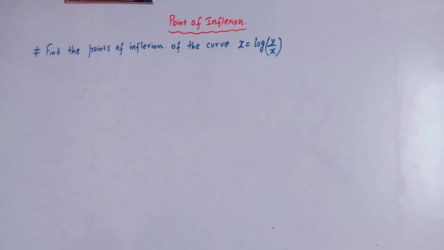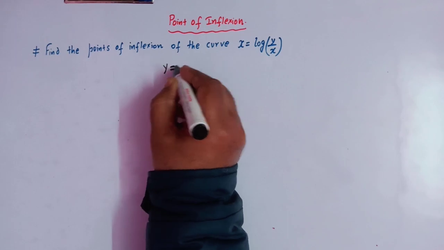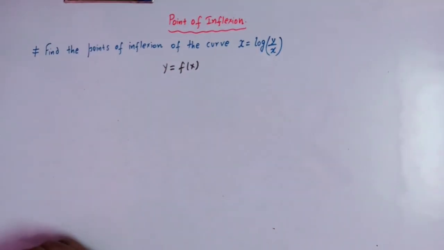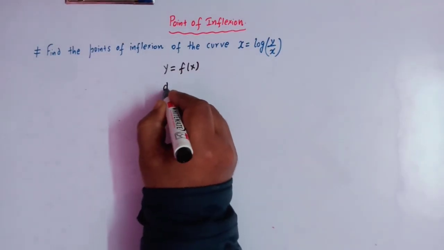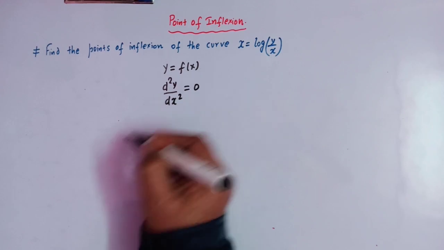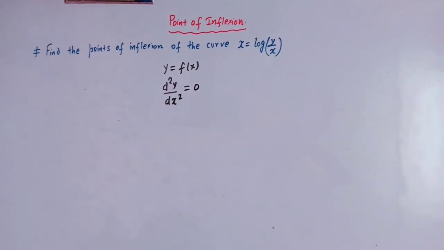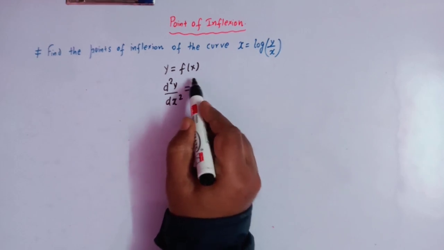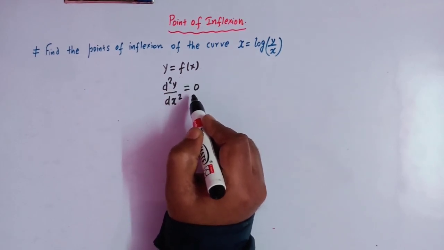Here let us quickly see the conditions for which the point of inflection exists, right? Suppose we are given a curve y is equal to f of x. This curve has a point of inflection if the second derivative of y with respect to x is equal to 0, right? So the necessary condition for the point of inflection to exist is that the second derivative should disappear, or the second derivative must be equal to 0.